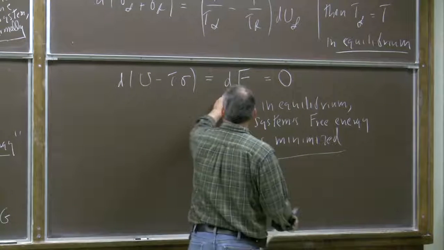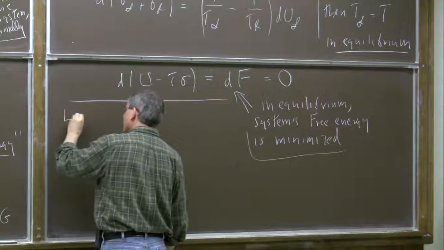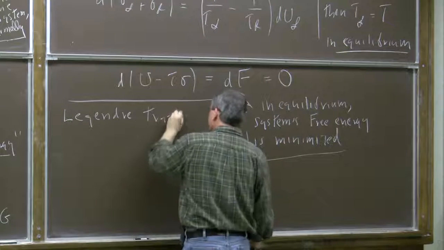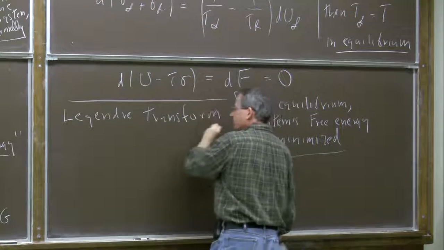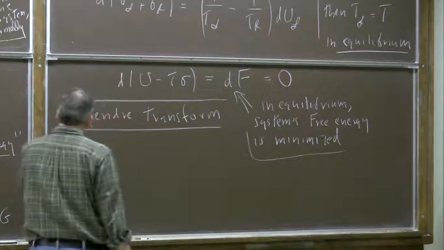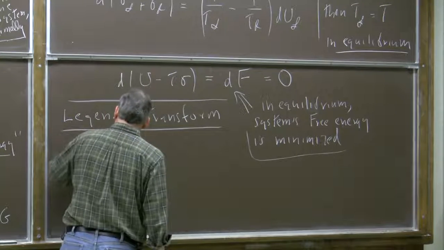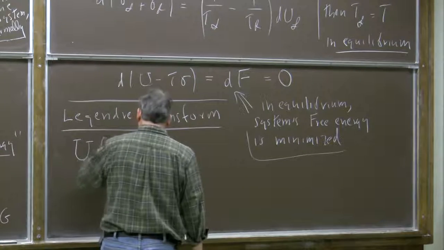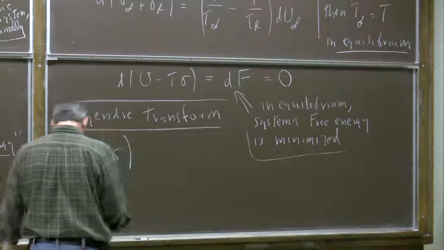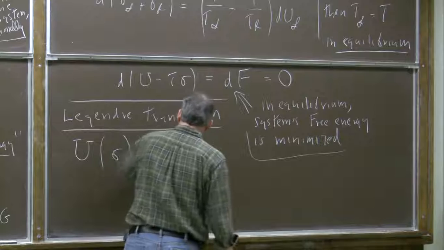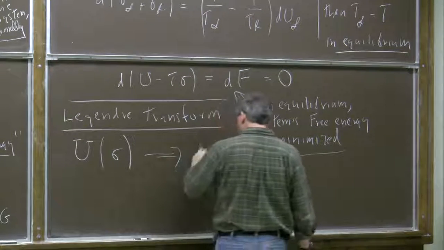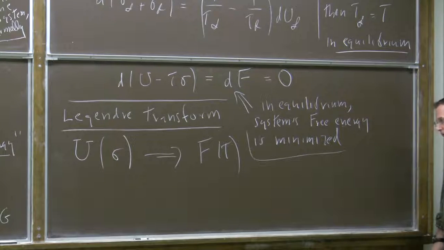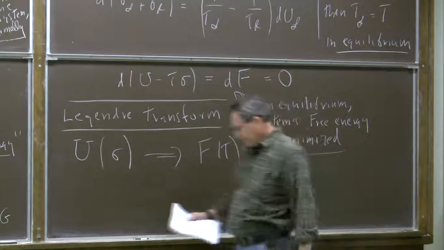And so in particular, we talked about the concept of a Legendre transform. Let me remind you about that. The internal energy of the system we can think of as a function of the entropy. But under a Legendre transform, we trade that in for a function of the temperature, the Helmholtz free energy, a function of the temperature.